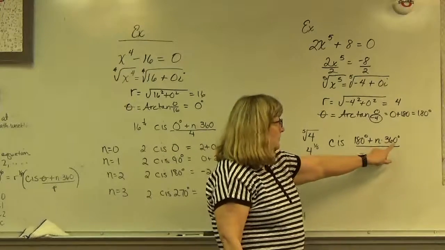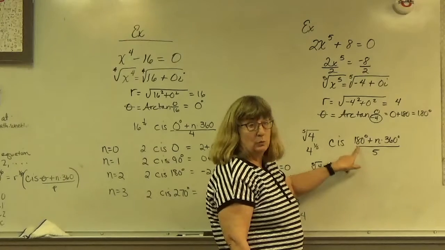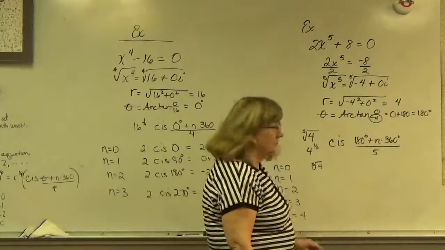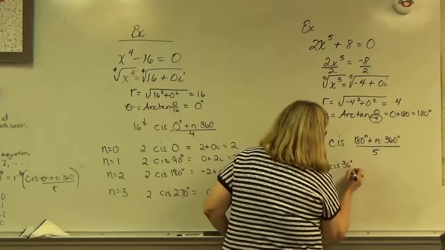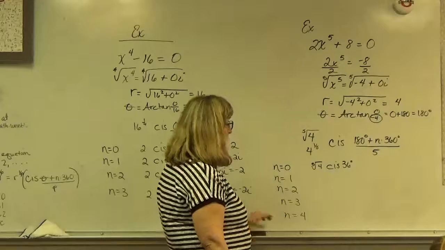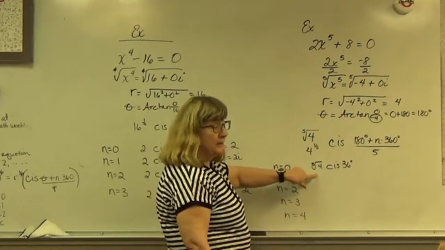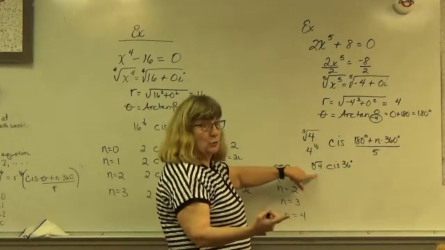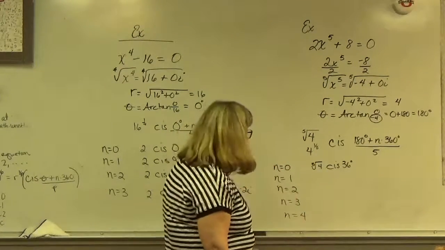What's 0 times 360 plus 180? 0 plus 180 would be just 180, divided by 5 would be 36. Is everybody agreeable there? Does everybody understand why I left this the 5th root of 4? That's good. Because it doesn't come out nice, which is the same thing that happens on 28. So I just leave it alone and use it in your calculator.